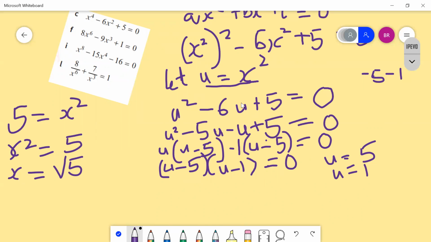Or when u is equal to 1, x squared is equal to 1. This means that x is equal to the root of 1, which is the same as plus or minus 1. So this is the value of x: x is either plus or minus root of 5, or plus or minus 1.